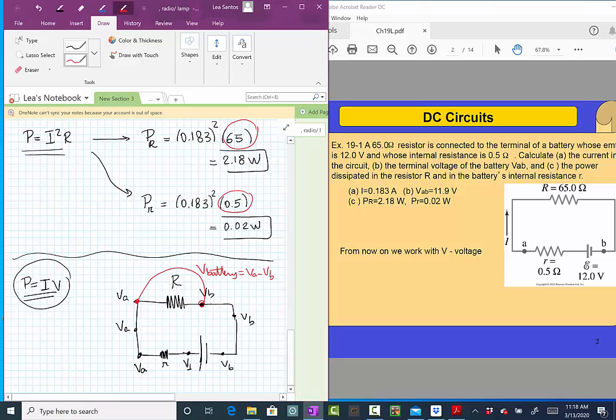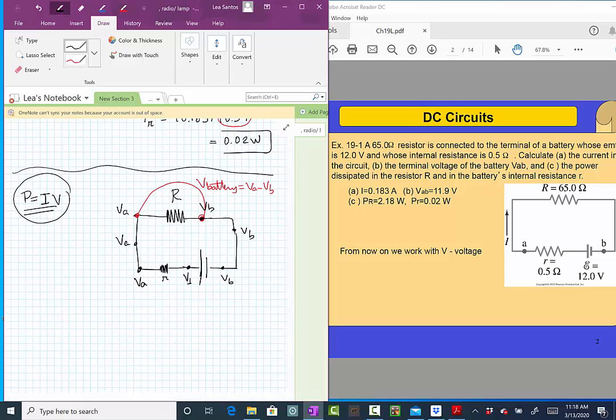Okay, so let me write this. If I want to compute the power dissipated by that big resistance, I'm going to use the current, which is 0.183, and now I'm going to put the potential difference of the battery. What was the potential difference of the battery? We computed that is 11.9. Okay, so you have to be careful about what is the V that we are going to enter here.